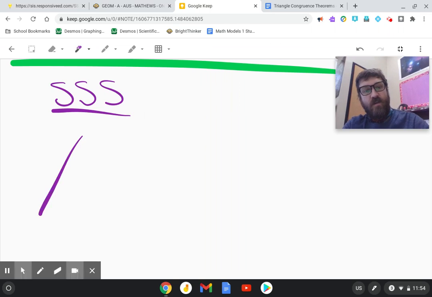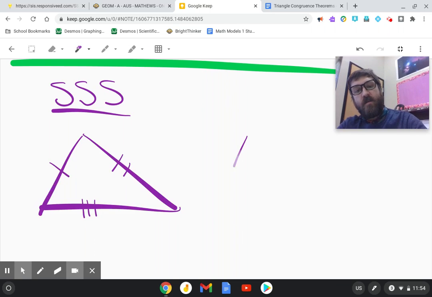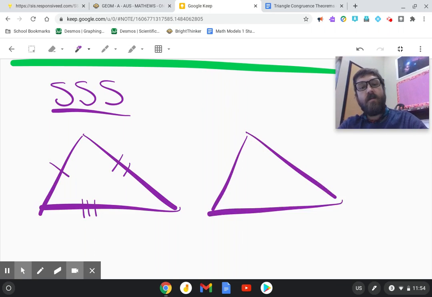If I have a triangle with three sides, and there's another triangle that has those same three side lengths, there is only one possible triangle that I can make out of those three sides. I cannot contort this triangle any way. I can't do anything because those three side lengths are locked in.